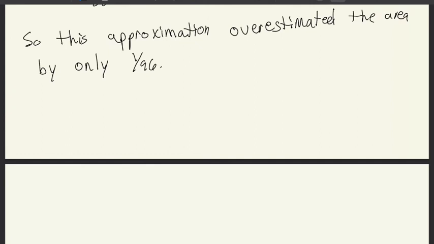All right, so that's the trapezoidal rule. The trapezoidal rule means that you approximate the area with trapezoids. We now move to Simpson's rule.